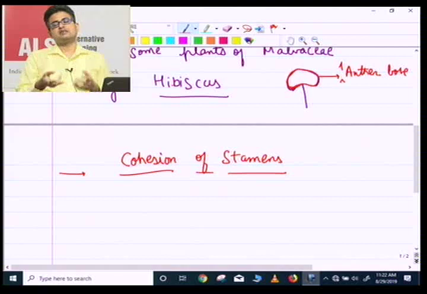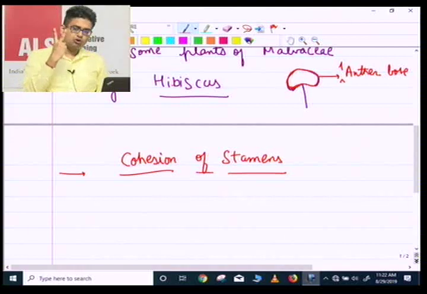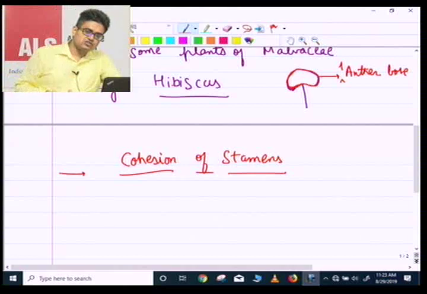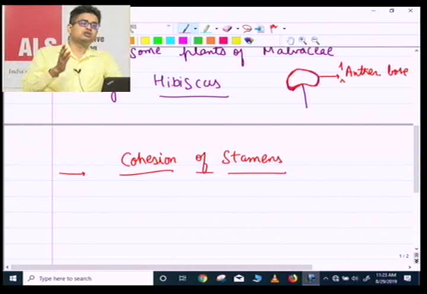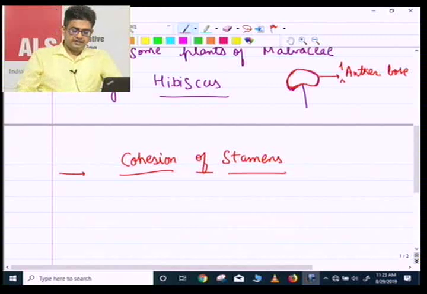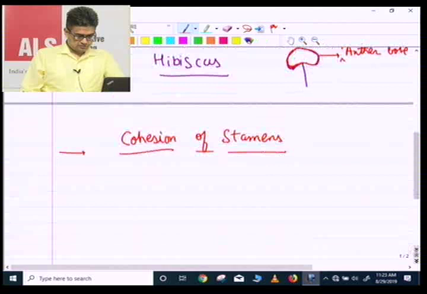If all the stamens form two groups or bundles, it is called diadelphous condition. And if they form many different bundles, it is called polyadelphous condition. Now we have to learn the examples related to this because these are what are asked in the examination. So please write this now.